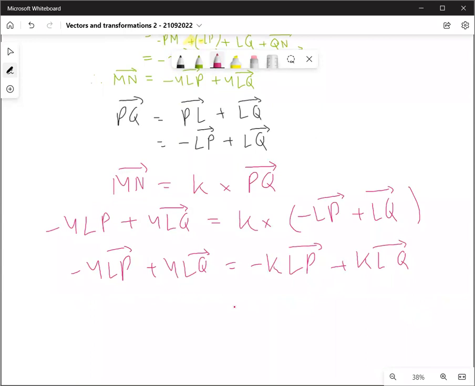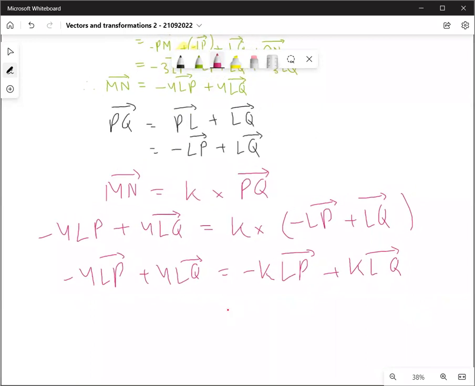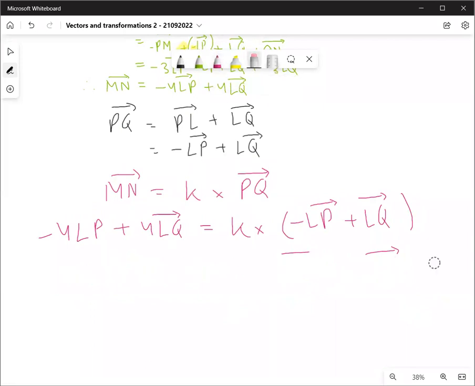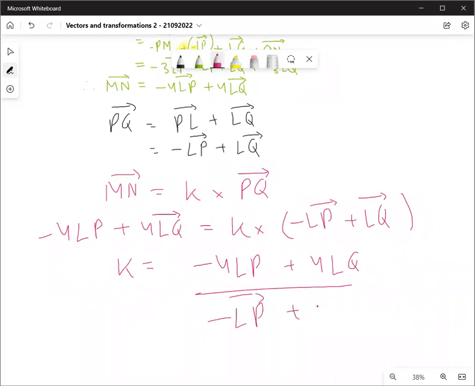Okay. Now there's another way you can solve this. The better way is, let's make K the subject. If I make K the subject, I will get minus 4LP plus 4LQ divided by minus LP plus LQ.